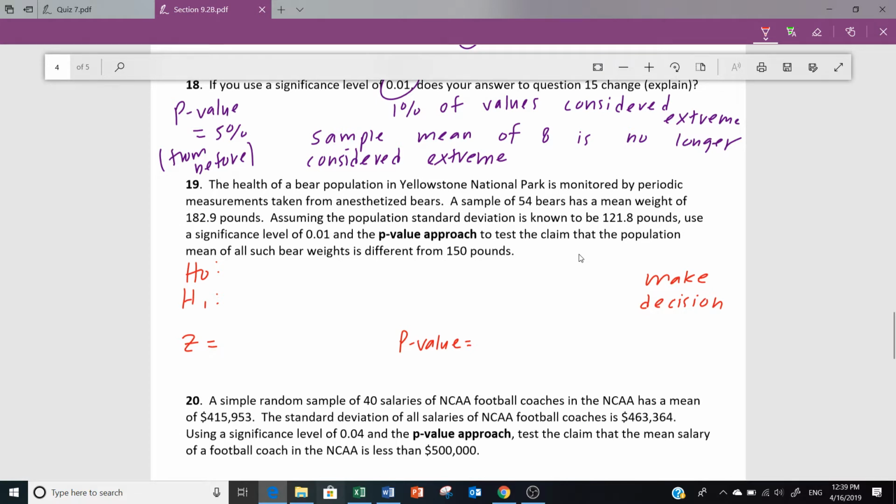We're testing whether the population is different from 1.98.